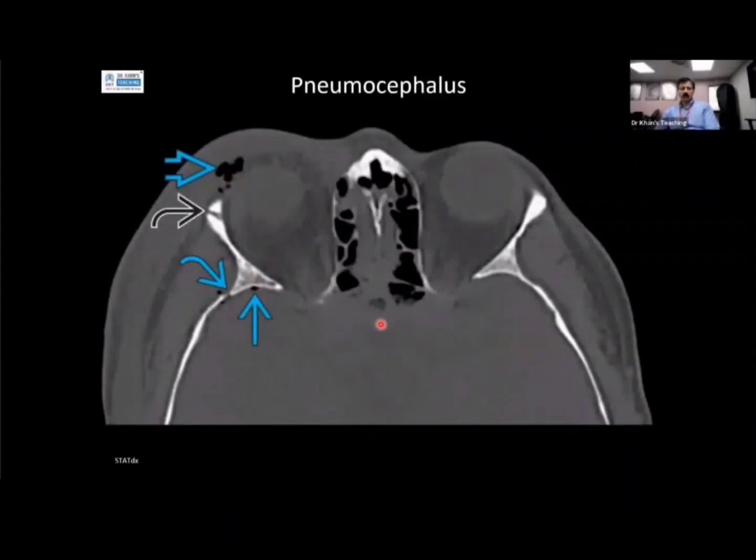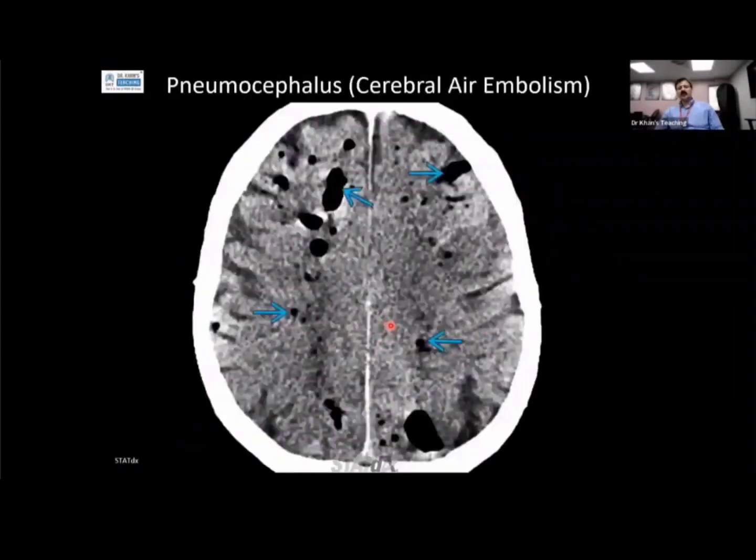Now, in this example we can see multiple air bubbles or pneumatocele, whatever you want to call it, within the parenchyma. This is because of air embolism. Air embolism usually is because of air in the veins. At times, it is not very critical.